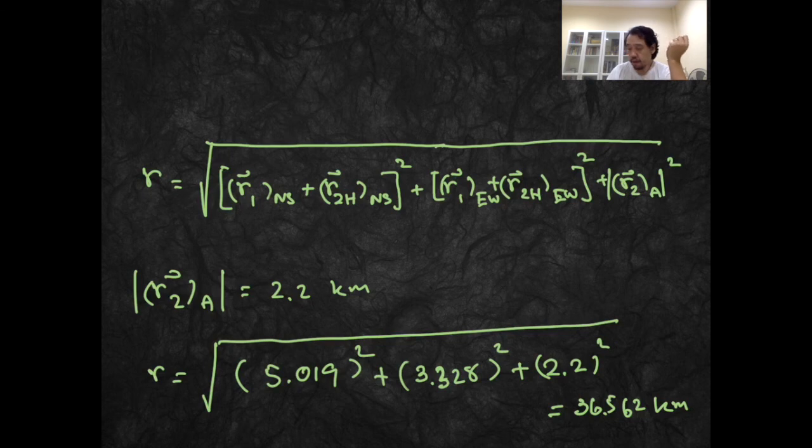So the square root of 5.019 squared plus 3.328 squared plus 2.2 squared is equal to 6.411.